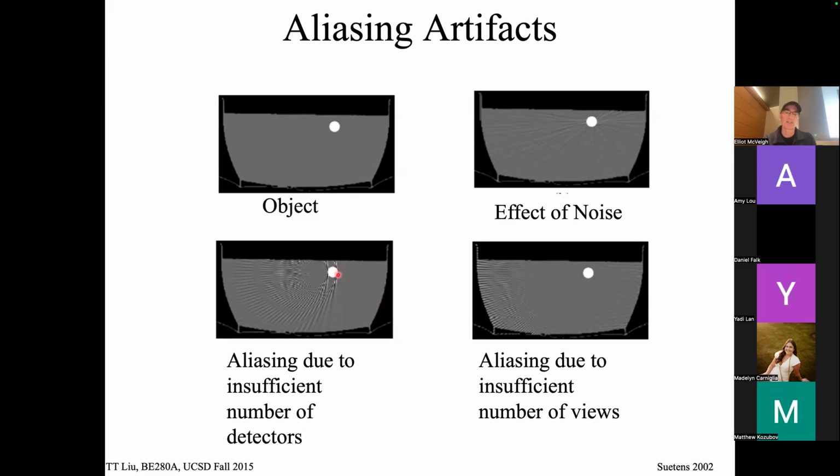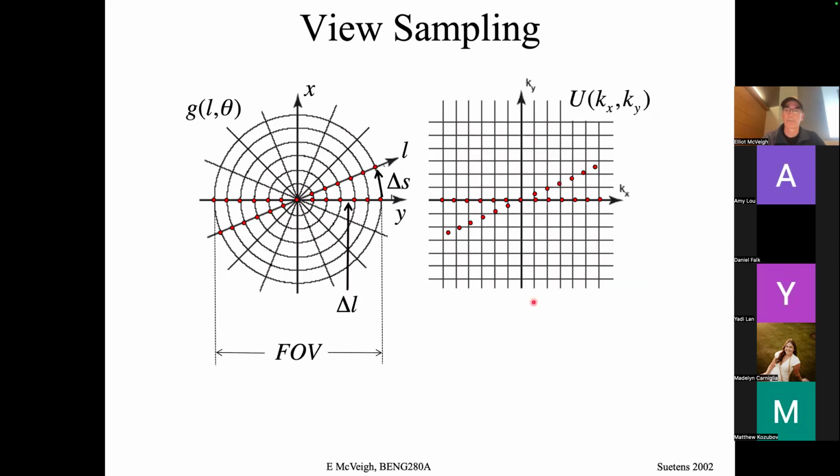And because of that, as I'm moving by, I can jitter which detectors see the edge, and I get these streaks coming out from the edges themselves. And if I take an insufficient number of views but have a lot of detector elements, then I get these artifacts out in parts of the field of view where the delta theta is not sampling well enough.